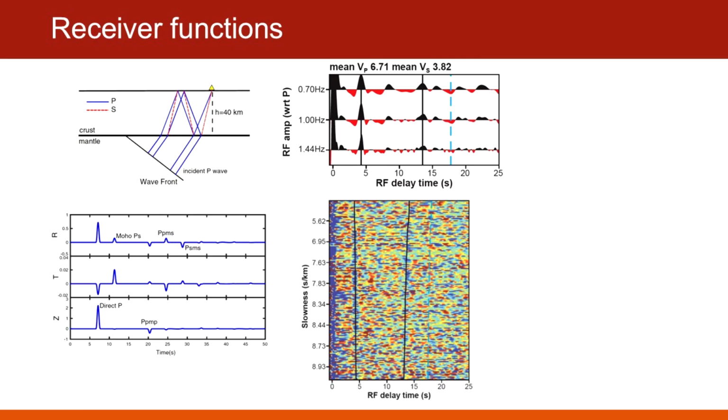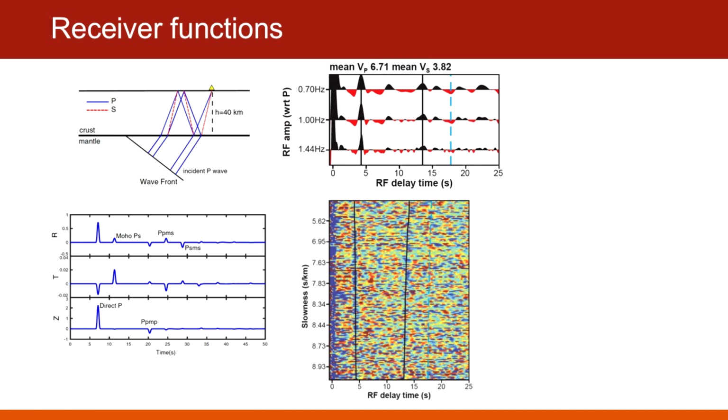Some of the energy will be trapped in the crust, going multiple times up and down, and we call this the crustal reverberations. Basically, these have the information of the crustal P and S wave velocity, and also the Moho depth or crustal thickness.